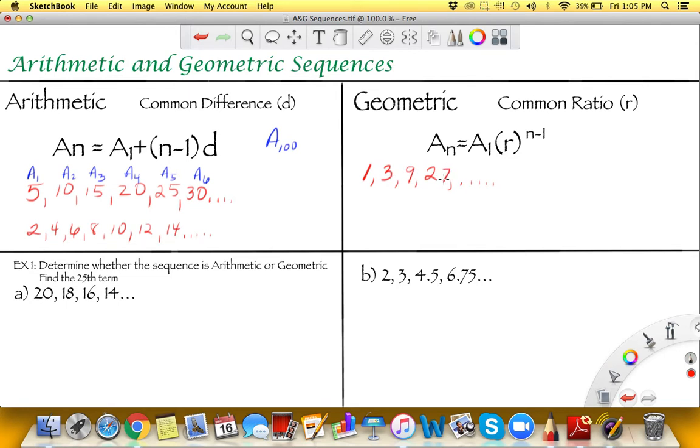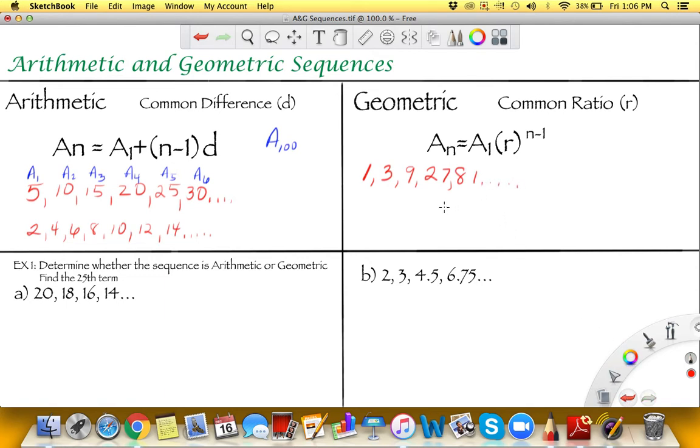And we can find the next term by taking 27 and multiplying it by 3. So the next term would be 81, and we can continue that pattern as well.